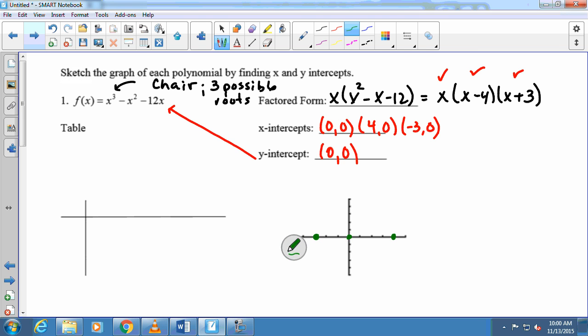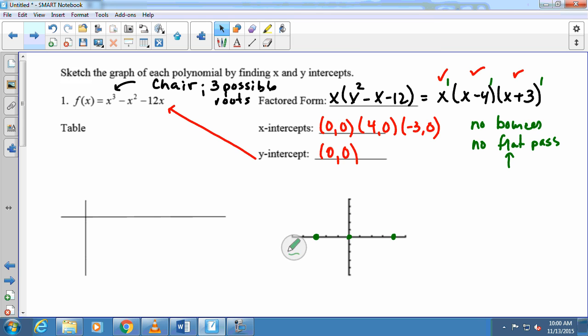Now I'm not sure about my chair. I can see there are no bounces and no flat pass-throughs. There are no flat ones because these are just single pass-throughs. They're just powers of 1. But I'm not sure if my graph is going to go like this.